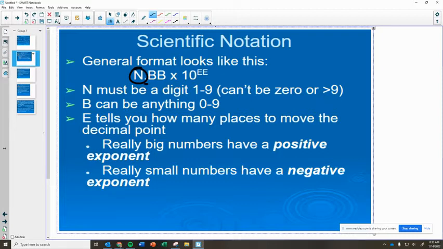So you'll always have 1, 2, 3, 4, 5, 6, 7, 8, or 9, then a decimal point, and then the remaining numbers. These numbers right here, the b's, can be anything. That would just be the number that you find after that. And basically, what we're doing is multiplying that whole number by 10 to a specific exponent. I'll show you how that works in a second.